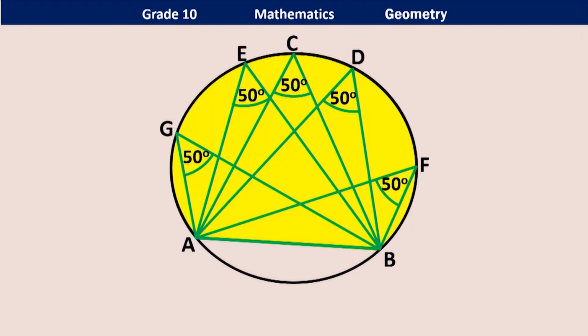We can consider it as a segment. Isn't that so? So, here I can see all these angles are subtended on the same segment. Right? And I can observe the magnitude of each and every angle is the same.